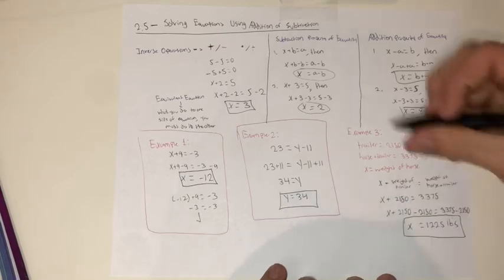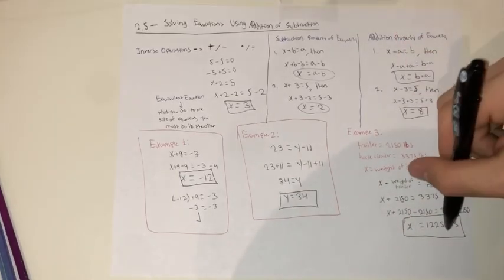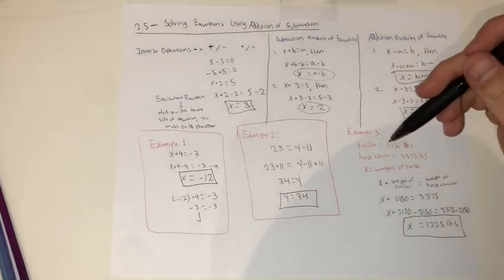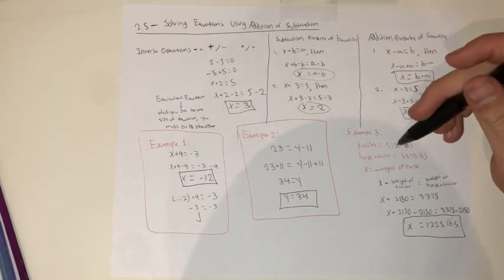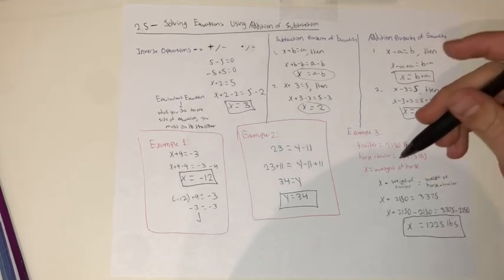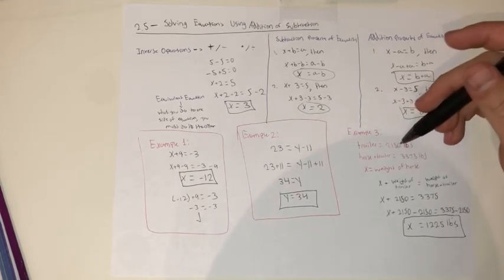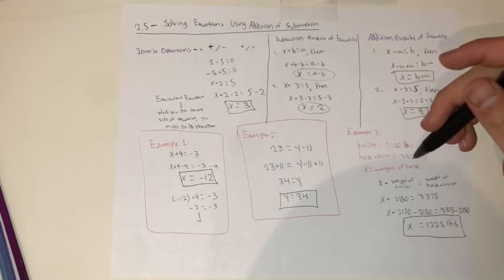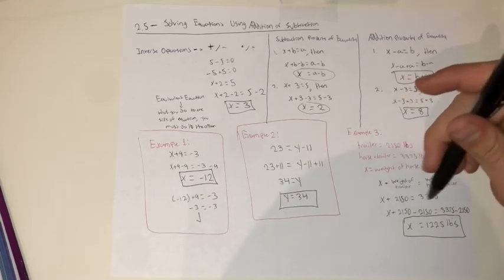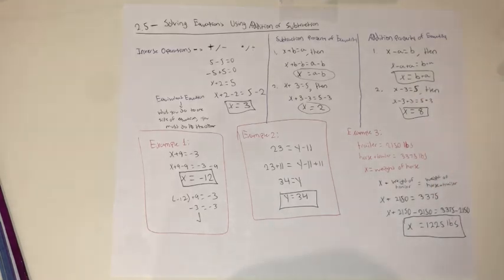This is how we use the subtraction property of equality to find the weight of the horse. And you could also think of it like this. If you know the weight of the trailer and you know the total weight and you're trying to find the weight of the horse, the weight of the horse, which you don't know, plus 2,150 is equal to this. So you have to subtract 2,150 from both sides to get 1,225 pounds.